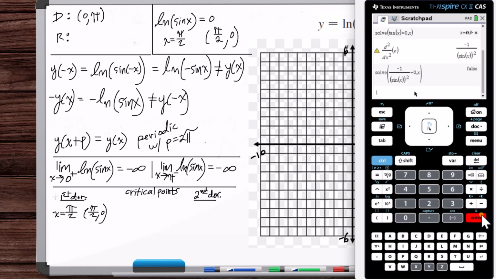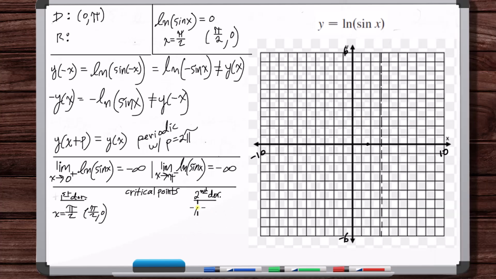No. Okay, is there anywhere where sine of x squared equals 0, so the second derivative wouldn't exist? Zero, pi, 2 pi, so just from 0 to pi, so no. So there's none here, none.